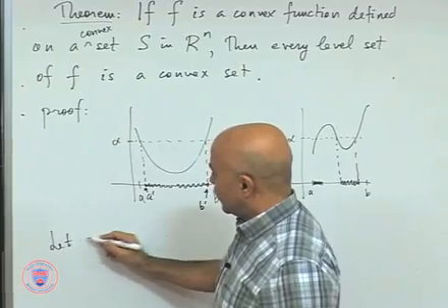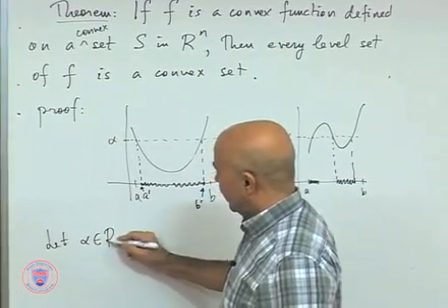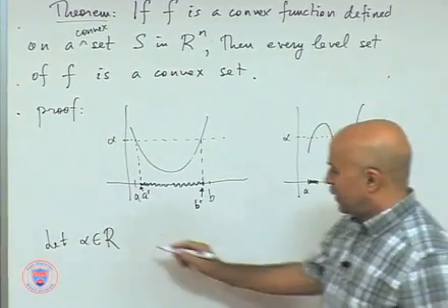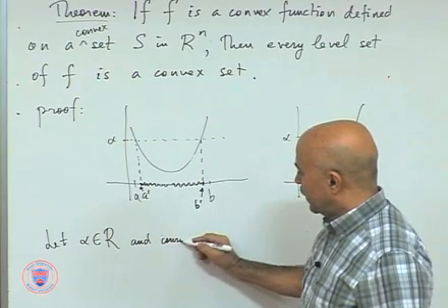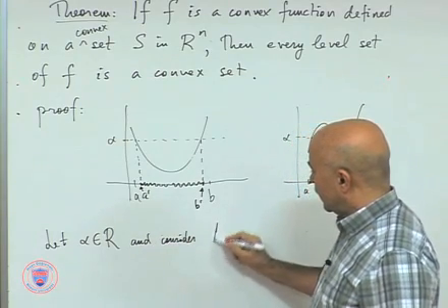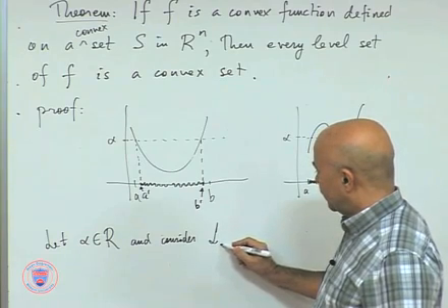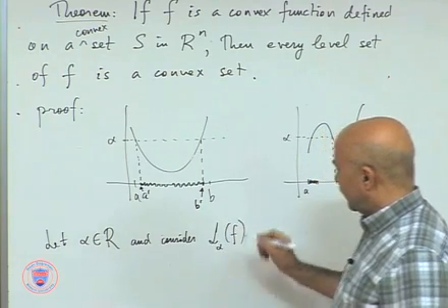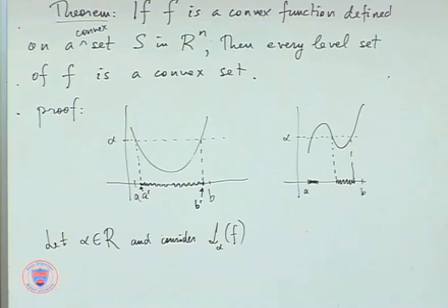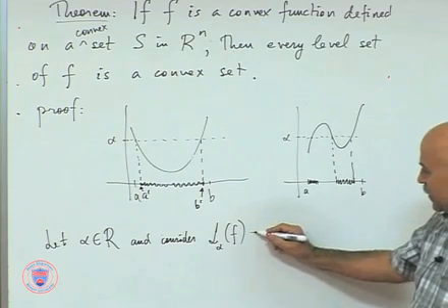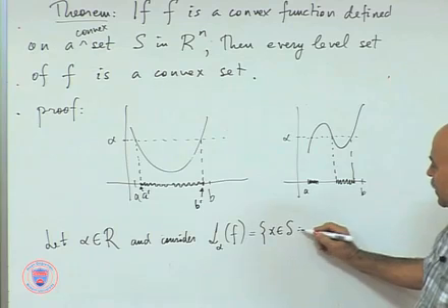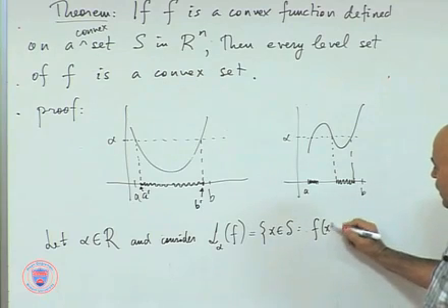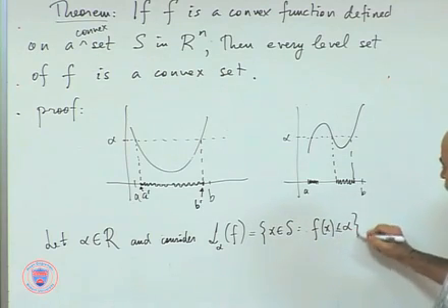So we just pick an alpha in R and consider the level set L of f of value alpha, the level set consisting of all these points x in the domain S, where f of x is less than or equal to alpha.